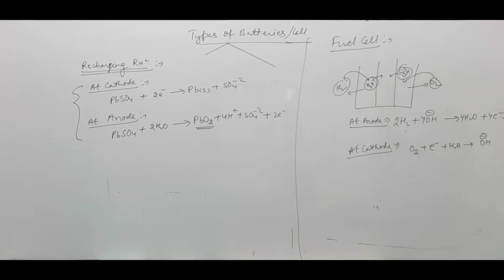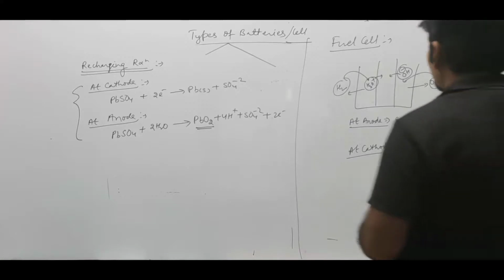So, O2 plus 2H2O plus 4 electrons becoming 4OH minus. This is at the cathode.